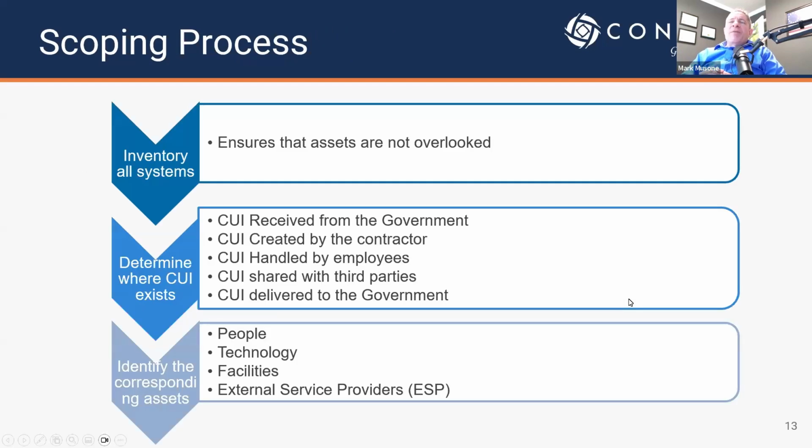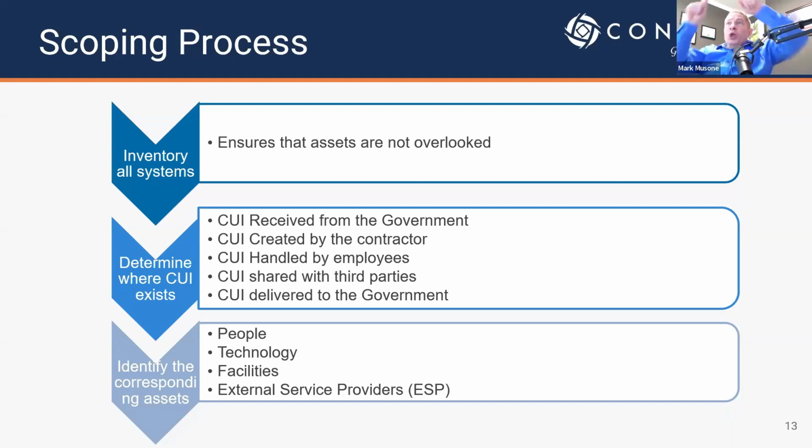Generally speaking, a very high level process for scoping is, first off, you want to inventory all of your systems. I talked about drawing a box around what you want to be CMMC certified. However, it's very easy for an organization to miss, forget, or overlook some parts of their system. That's why I usually encourage organizations to do a full inventory of all of their systems as part of the first part of the scoping process.